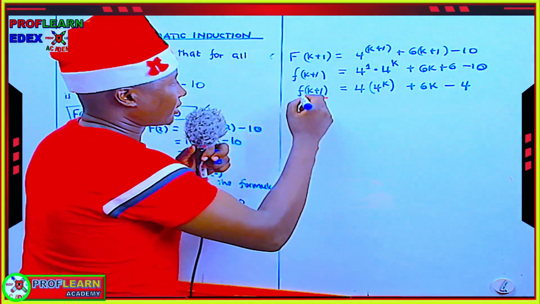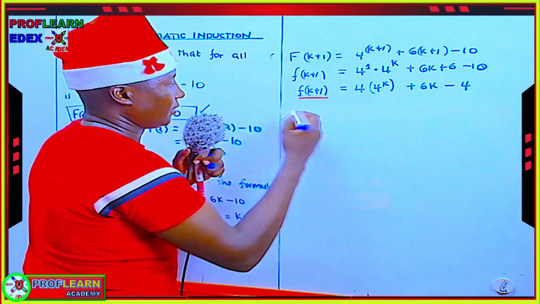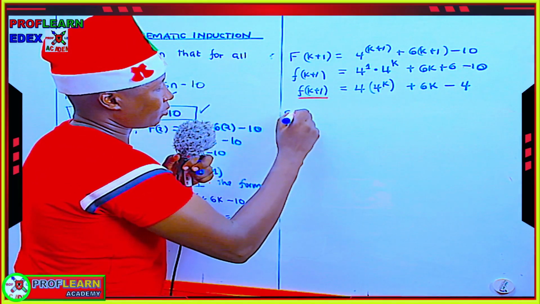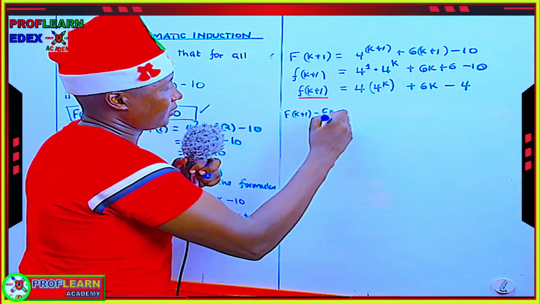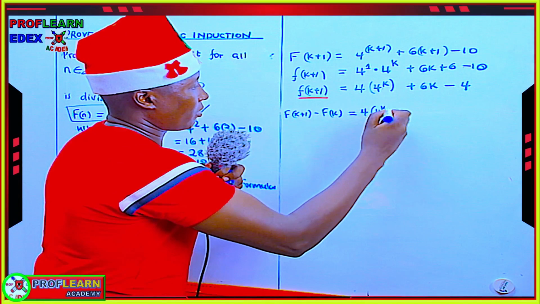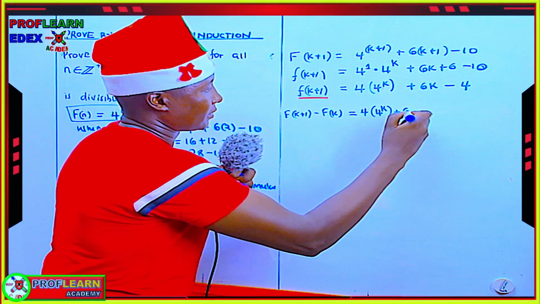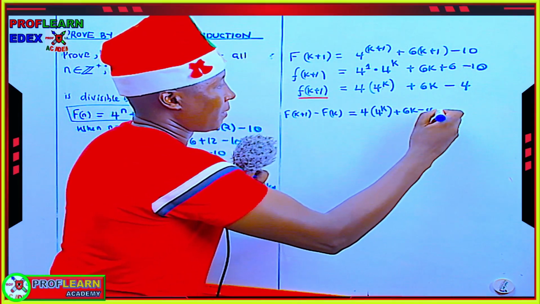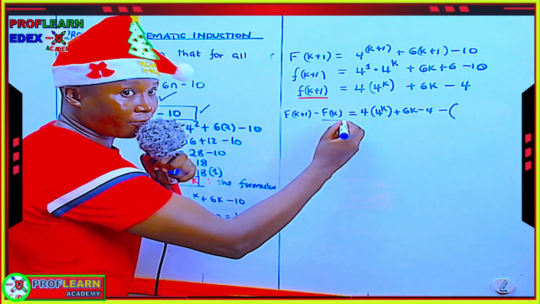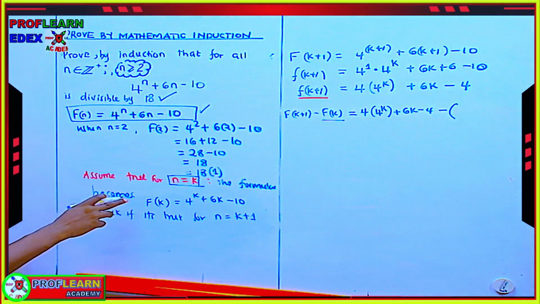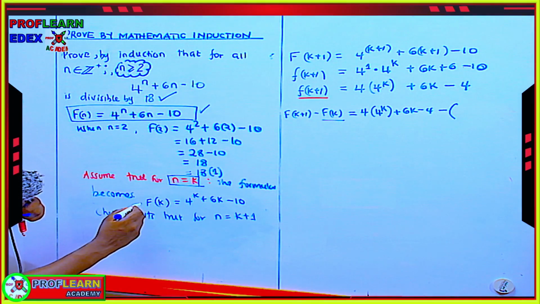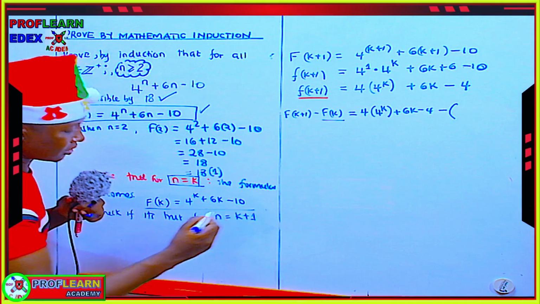Now we're going to subtract f of k from both sides here. So f of k plus 1 minus f of k is equal to 4 times 4 to the power k plus 6k minus 4, minus, in brackets, because we subtracted f of k here, but we know f of k is this.